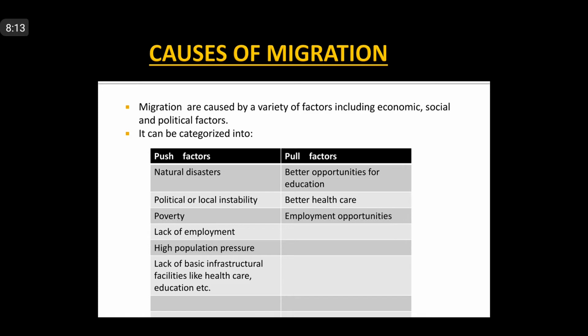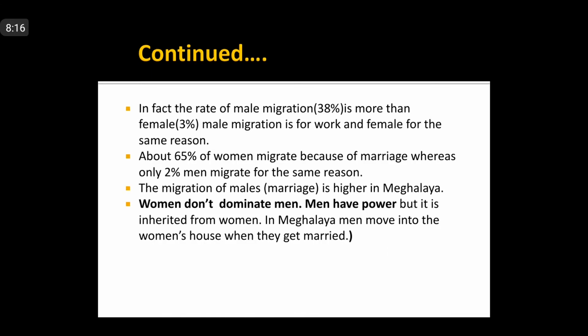But there is a certain percentage, which I'll tell you, of the male migrants who move from their place of birth for work, and of the females who move for marriage.